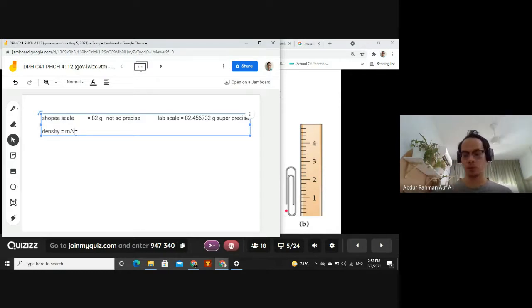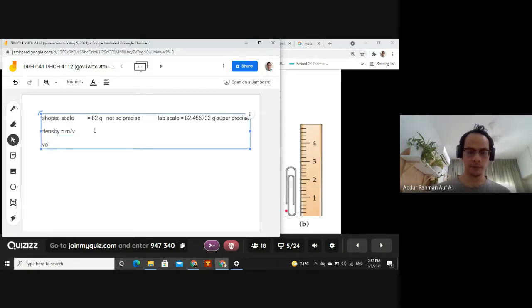Katakanlah saya ambil satu measuring cylinder, somehow I determine the volume of this sabun. Katakanlah volume dia adalah 41 mililiter.